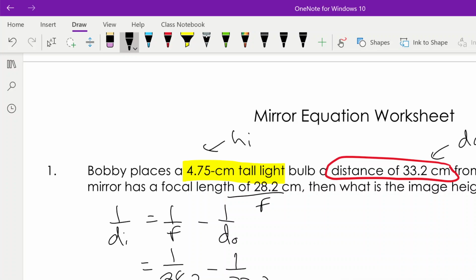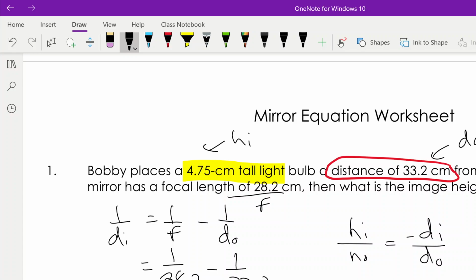I just want to show you the steps because this is your work to try and practice. Now it says, what is the image height? We haven't really done one like that yet. So here we're going to use HI over HO equals negative DI over DO. We'll find DI first, and now we have everything else here. So what you have to do is solve it for HI.